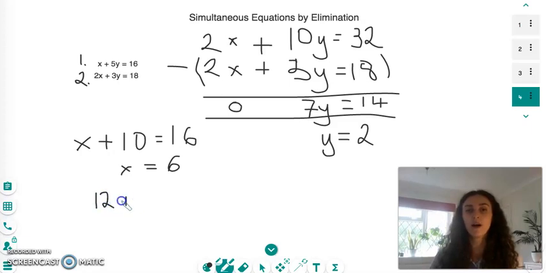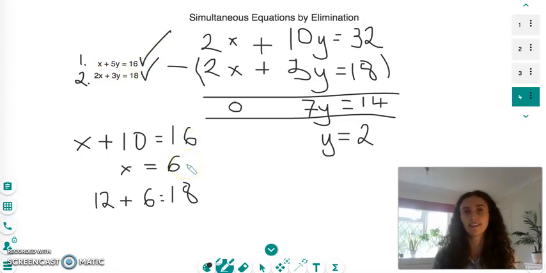Then we've got 3y, but we've worked out that y is 2, and 3 times 2 is 6. And 12 plus 6 gives us 18, which is the same as what this equation up here says, so we've confirmed that it's right. And we already know that the top one is right. x is 6, so 6 plus 10 equals 16, and that's correct as well. So we know that we've got the right answers.